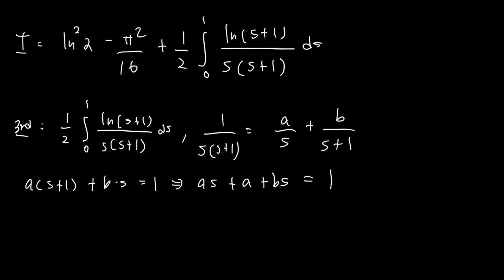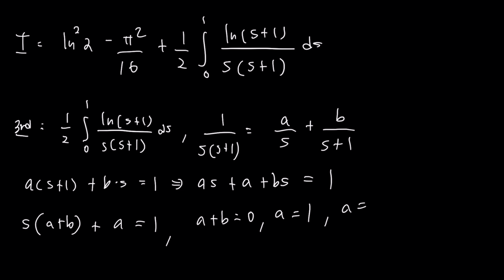Factor out an s, we have s times a plus b, plus a equals 1. But this means that a plus b must be 0 and a has to be 1. But solving from here, we have a equals negative b, and that means that negative a equals b, but a is 1, so we have b equals negative 1.